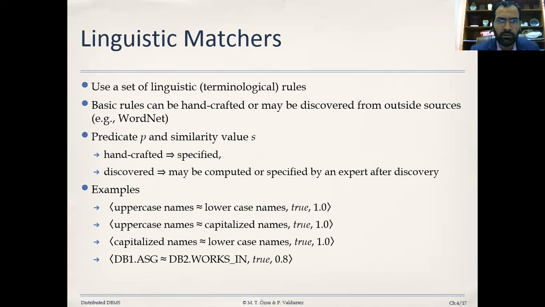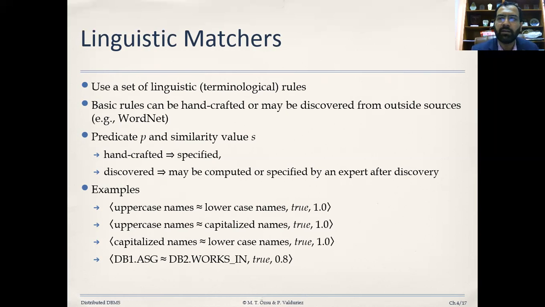So there is a predicate p and a similarity value s. Handcrafted means you have specified it. For example, with the bolt example, you have identified that wherever bolt is, it means they are representing the same thing.